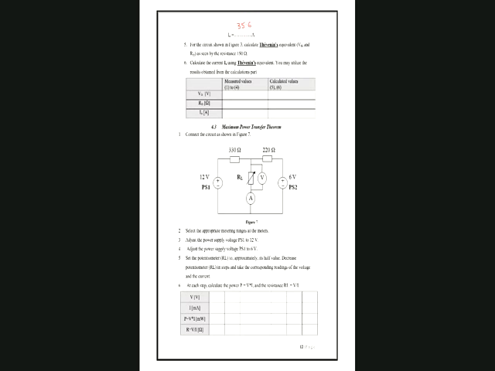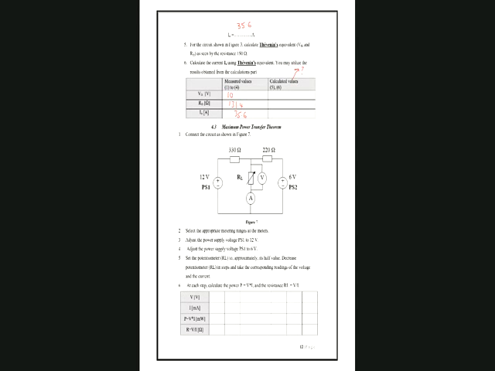Now, how do you write this table? Here you got V Thevenin as 10 volts, and this is 131.4, and it is 35.6. These are the measured values. Now you have to find out the calculated values. How will you find them? It's very simple.